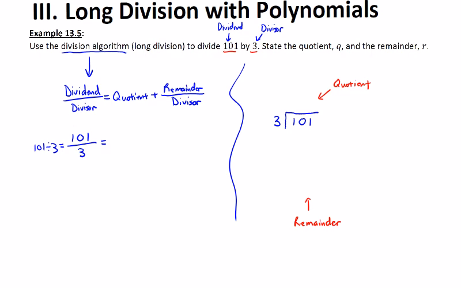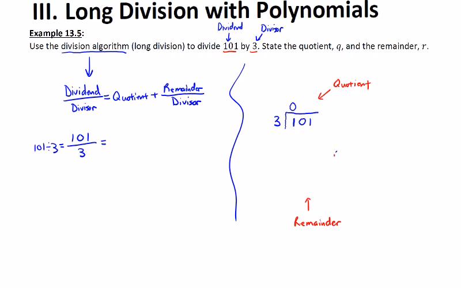The idea behind long division is that you're not trying to take the entire dividend and divide it by the divisor all at once. You're doing it just one digit at a time. If I start with the first digit of 1, the one on the left here, 3 does not go into 1, and you may have been taught to put a 0 in the place for that.